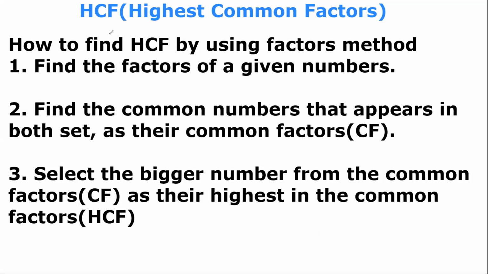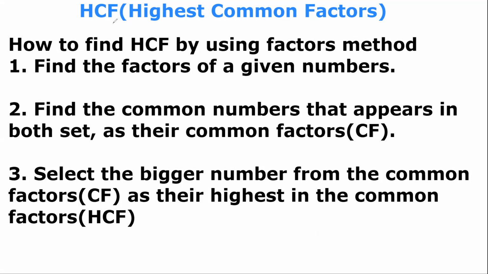So in order to find the highest common factor, the first thing you deal with is the F. The F means you find the factors of the given numbers. 2, you find the CF. The CF is the common factors. Common factors means the number that appears in the factors of A and again in the factors of B. So the same numbers that appear in both sets here are the common factors.